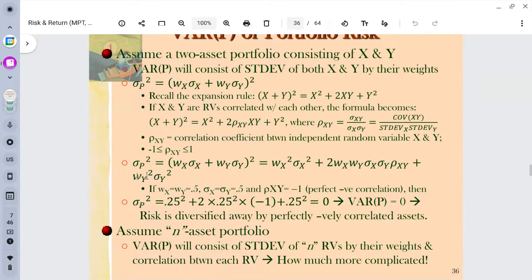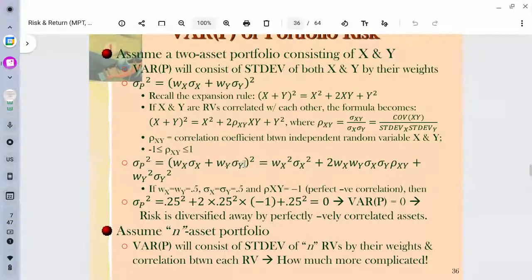Perfectly negative correlation. So suppose we construct a portfolio with X and Y with weight of 50% in both, right? Weight of X and weight of Y, 50%. And if the standard deviation of X and standard deviation of Y are also 0.5, let's just assume for convenience, and they have perfectly negative correlation, then what's it going to be?